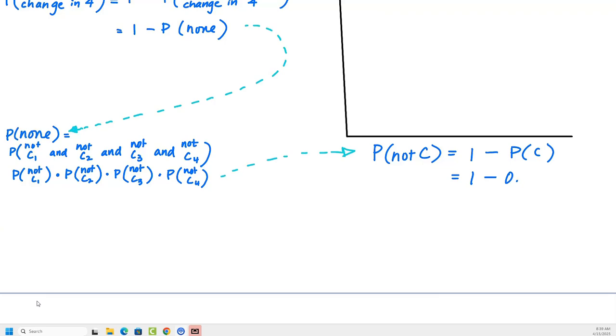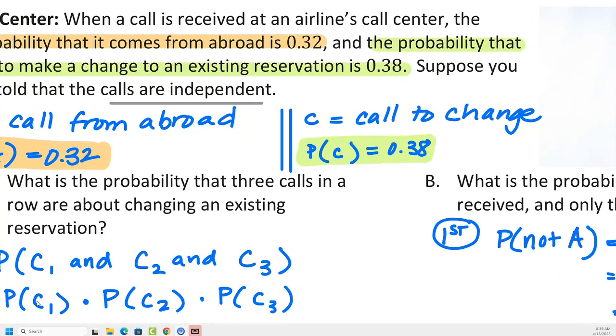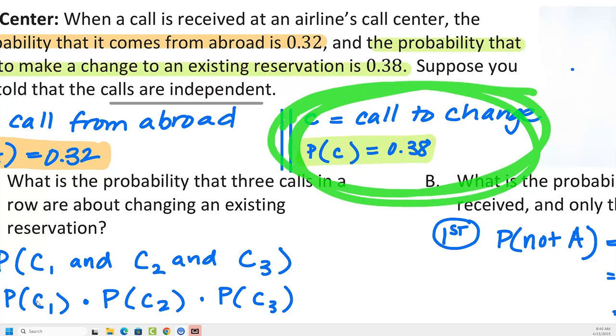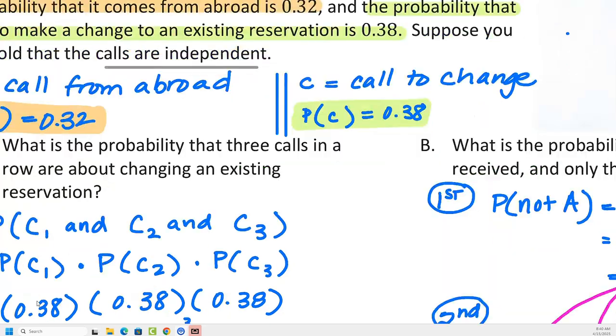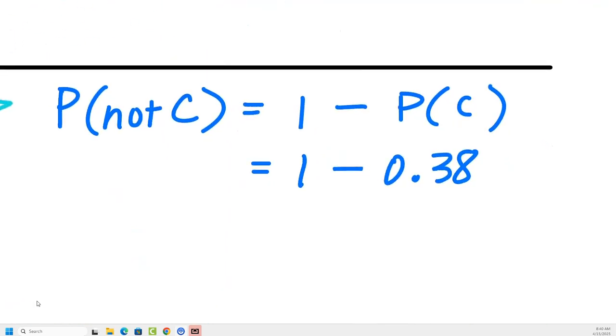And we know that a change is the 0.38 that was all the way at the beginning, right, way up here. Sorry, I made a mistake here. I'm fixing it. Okay. You're right. This was in the original problem. They told me the probability of C was 0.38. So I'm going to come down here and figure out what not C is. 1 minus 0.38, which is equal to 0.62.